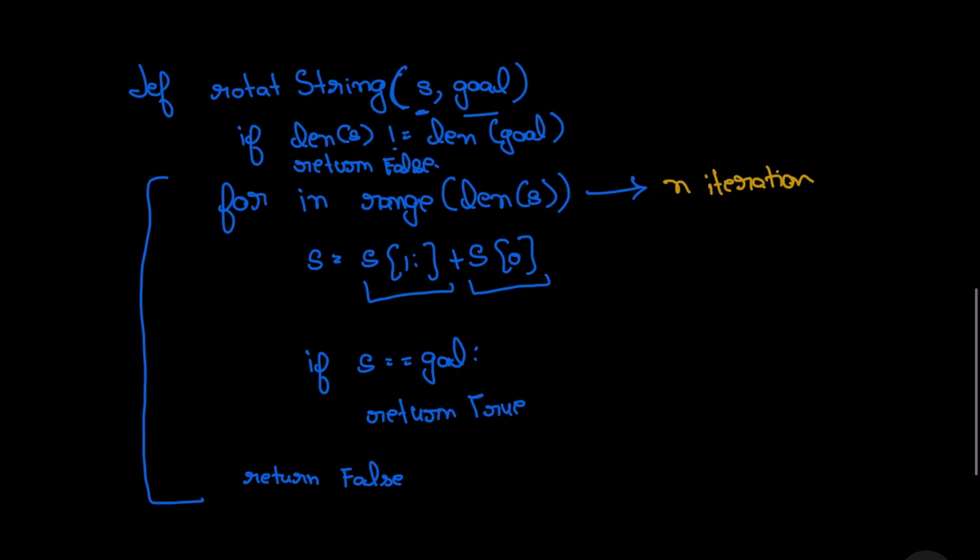And here we are rotating the string every time. For every rotation, I'm using n cycles, because every character needs to be moved to the left and then the leftmost character needs to be moved to the right section. That is, the total complexity that I have here is O of n squared.